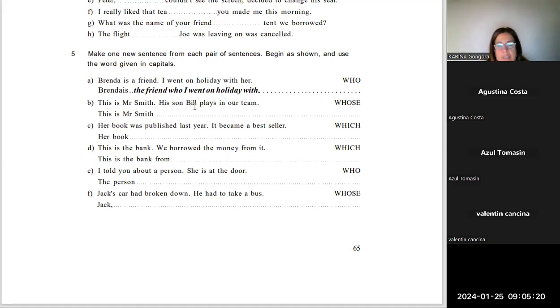This is Mrs. Smith. His son Bill plays in our team, and we have to use whose. This is Mrs. Smith, whose son Bill plays in our team.